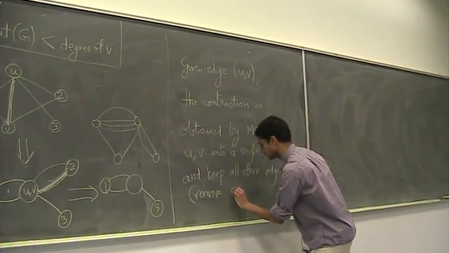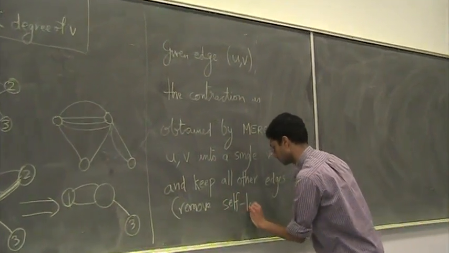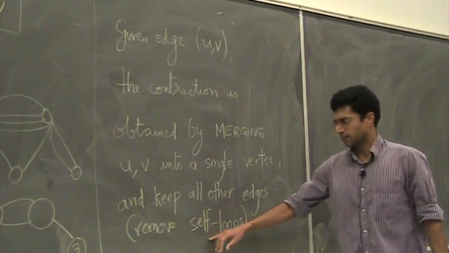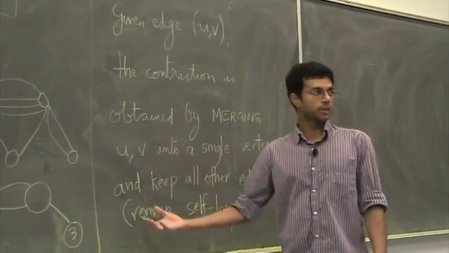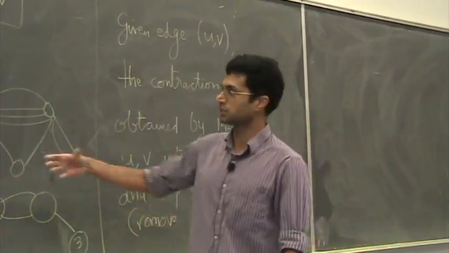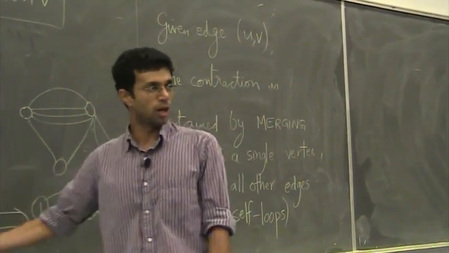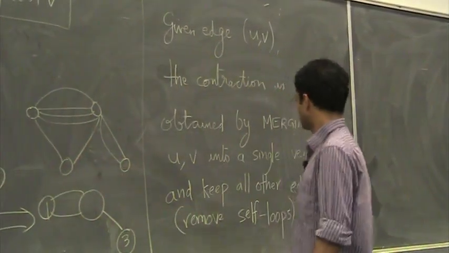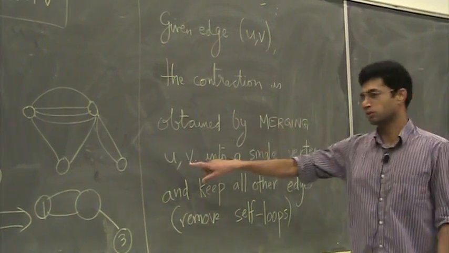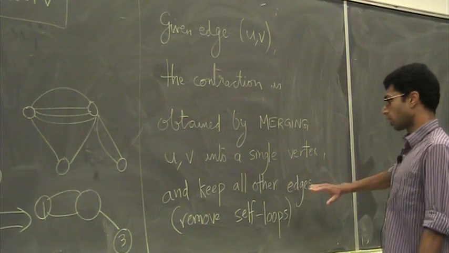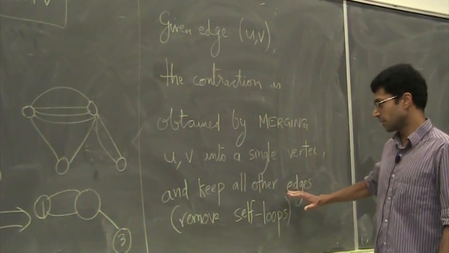We will remove self loops. And depending on the application, in some applications when you actually contract, you remove parallel edges. But for us, we are going to keep parallel edges. So we merge 2 vertices into a single vertex, and we will just keep all other edges, right?